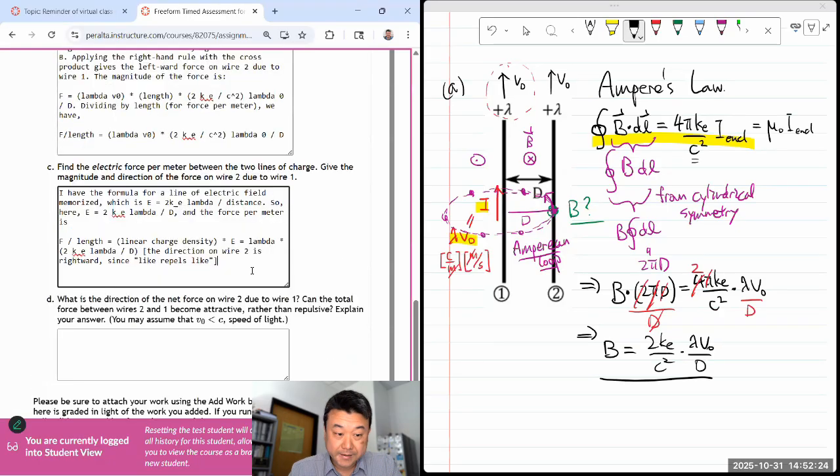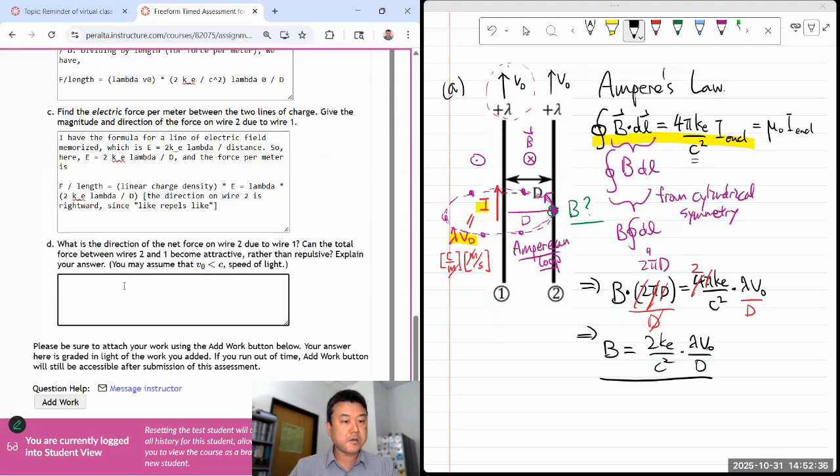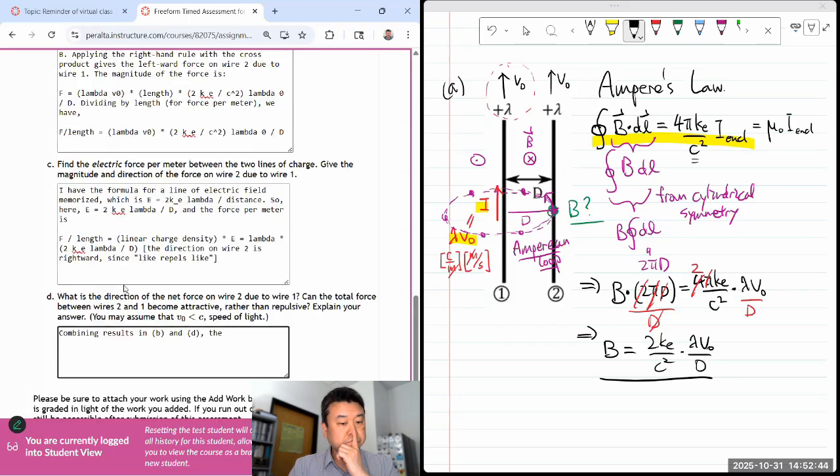So for part D, what is the direction of the net force on wire 2 due to wire 1? Here, I think it's nice to write it out and simplify. Combining results in B and D, the net force is rightward being positive.